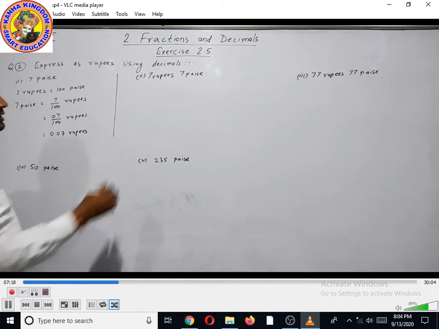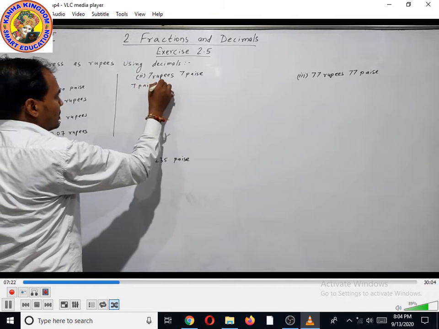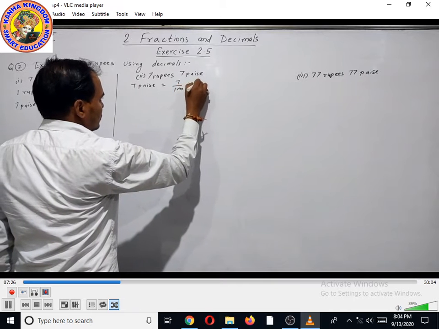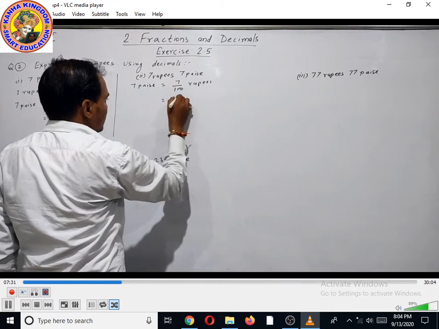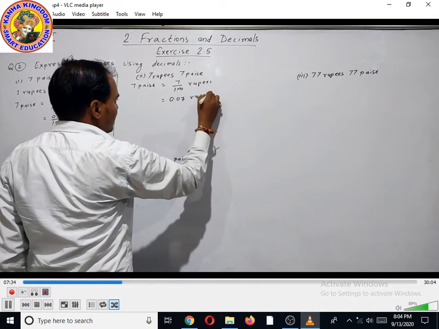In the next question, 7 paise is equal to 7 by 100 rupees, which is 0.07 rupees, as in our previous question.